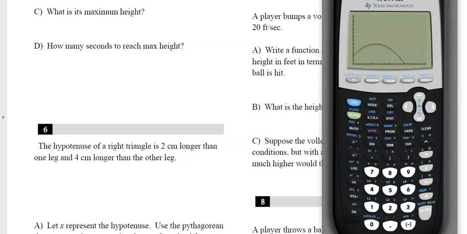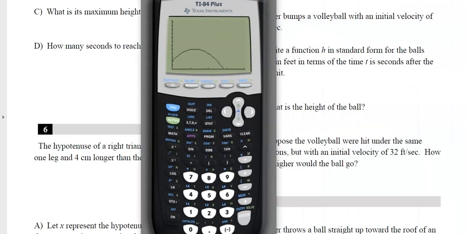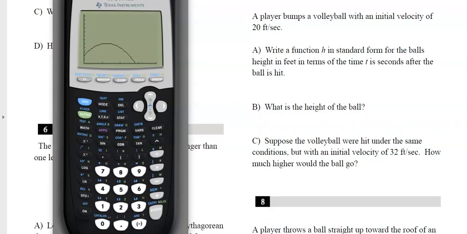And we are trying to find, let me move this out of the way here. So I wrote the function, that was part A. What is the height of the ball? So let's calculate the maximum there, which is number 4. And I need a left bound first.